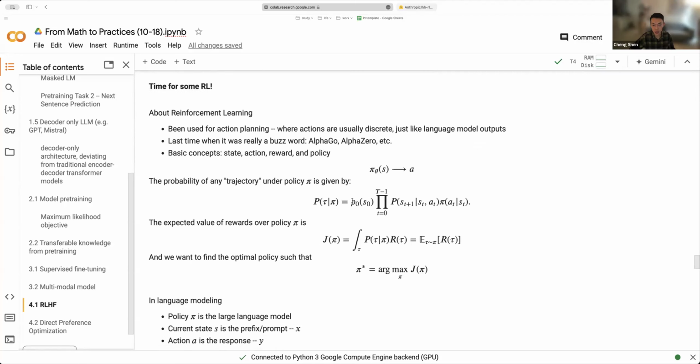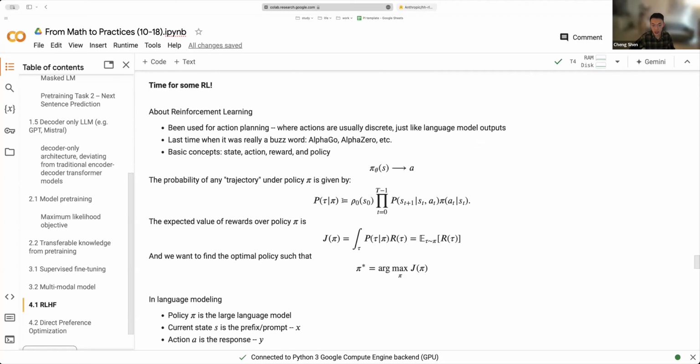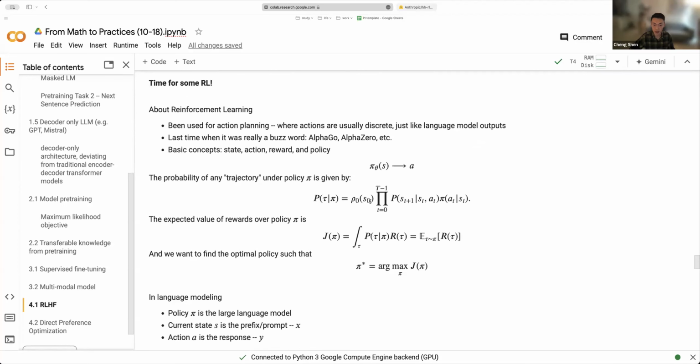Reinforcement learning helps here because with this method, it's okay that our policy pi, our large language model, has discrete output. It's like in Go or other games, where the actions are also discrete, whether to move up or move down or where to place the Go stone.